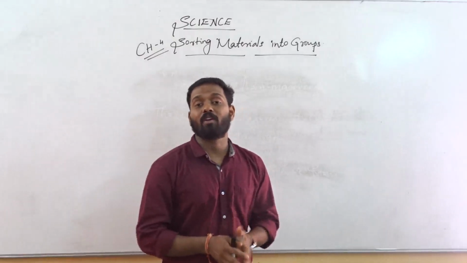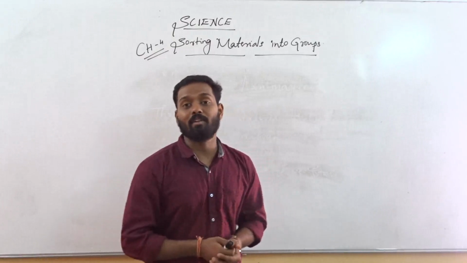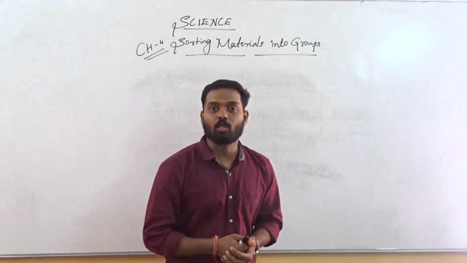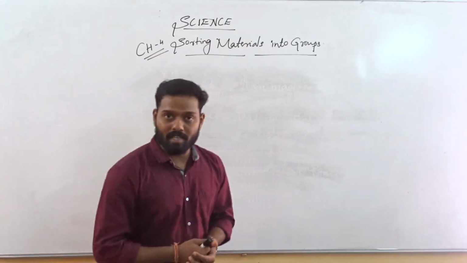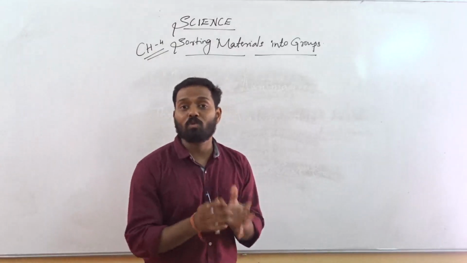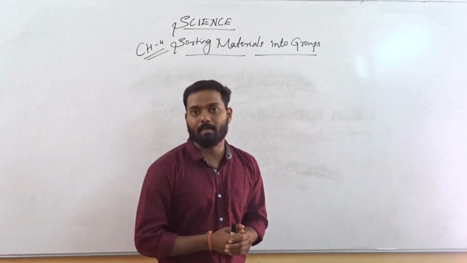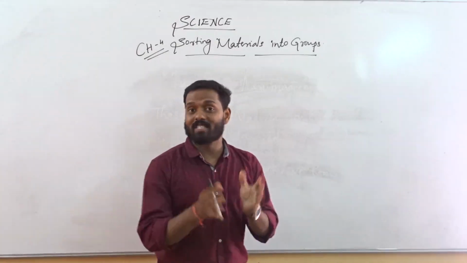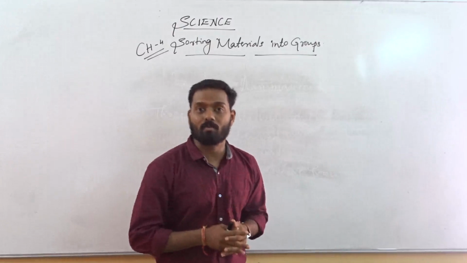Then after we got the knowledge of objects and materials, we started to make classifications of materials and objects in our surroundings. First we started with hard and soft objects.